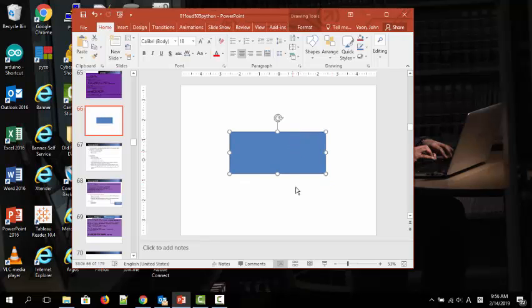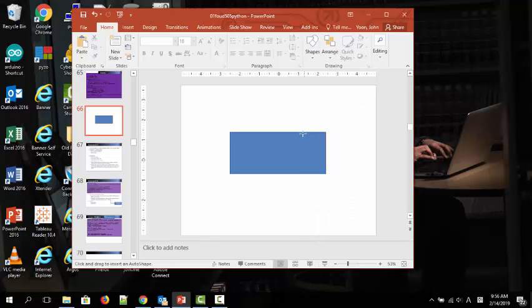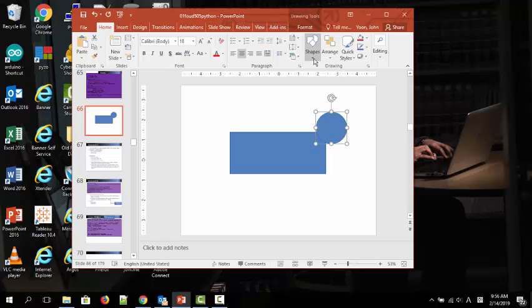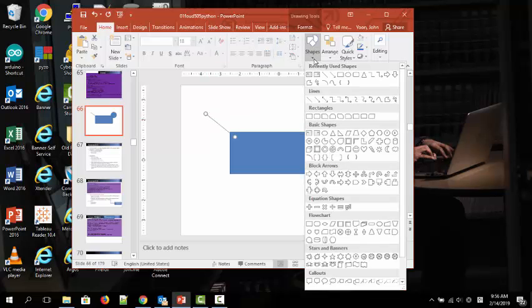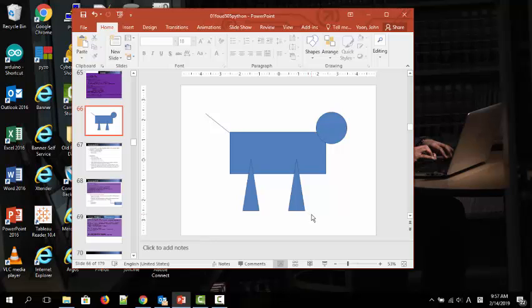So let's say this is a body, and then if you make a head, then you may have a head, and then you may have a tail if you like, and maybe legs, right? Something like this. I don't want you to create a new animal.